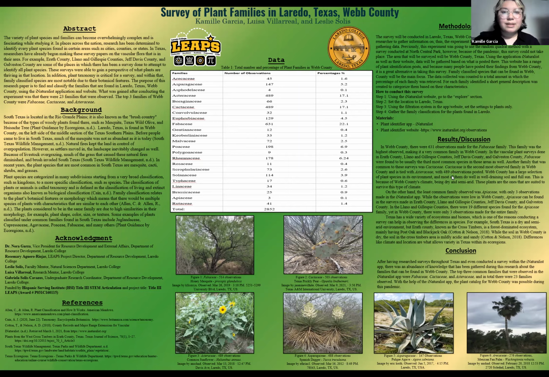Moreover, for the methods, the iNaturalist application and website were used to collect data and images. The website's Explore page was used and it was set in the settings to plants only, as well as the location was set to Webb County. From there, the observations that were posted by its users in Webb County were gathered and input into the chart.